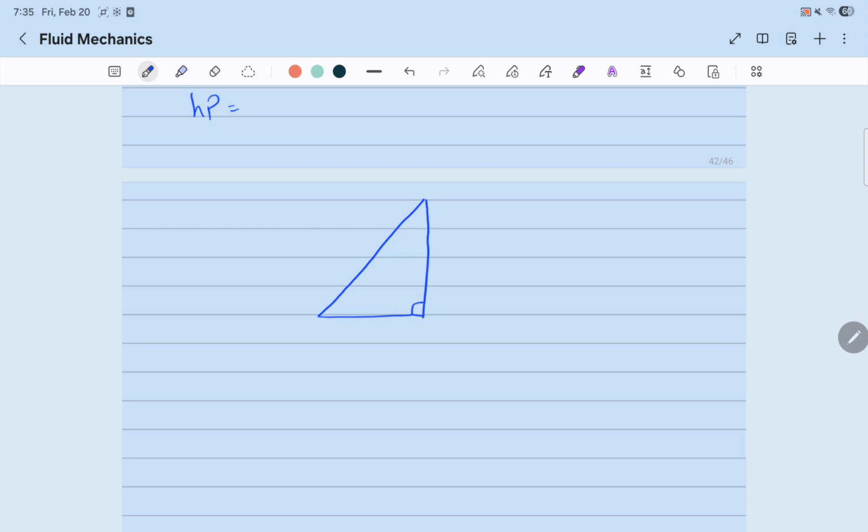Now, where the resultant is happening, if your starting point is from the bottom, it will be HP equals 1/3 H from the bottom. Whereas from the top, HP will equal 2/3 of H from the top.